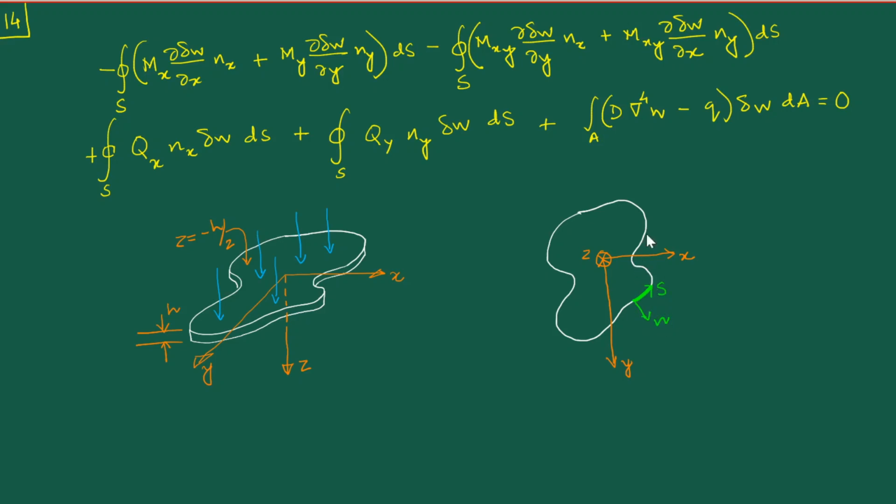So s is along the contour and n is everywhere perpendicular to the contour, and it makes sense to treat it in this fashion because in the process of these previous steps we have integrated all these terms through the thickness with respect to z from minus h by 2 to h by 2.